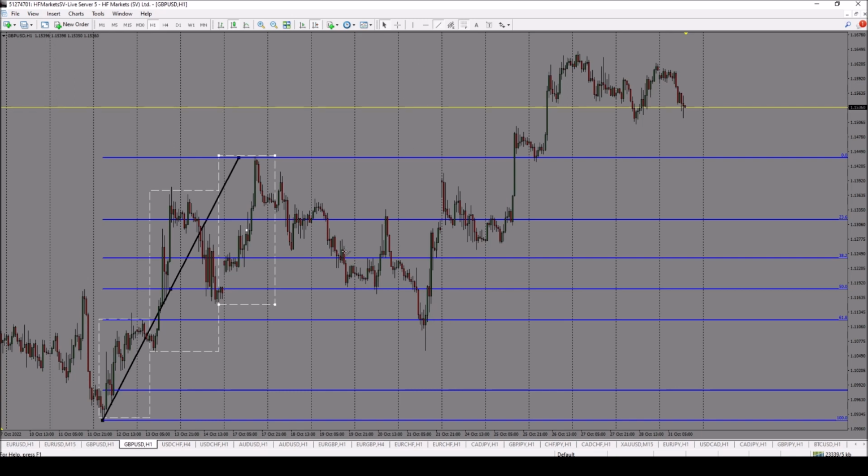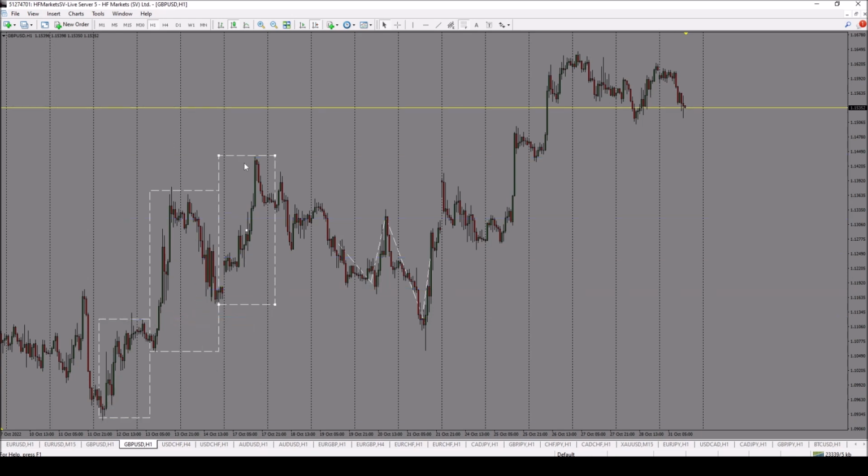However, this was actually an extended W, where the market makers had to grab some liquidity in that zone, giving us an entry point like this one. That was the first impulse, or the first set of threes.